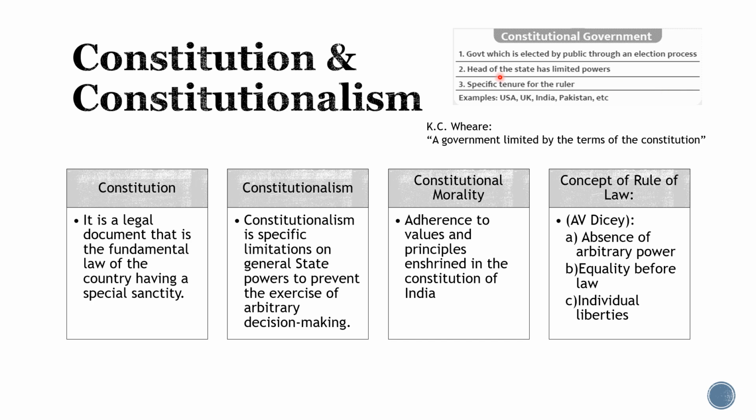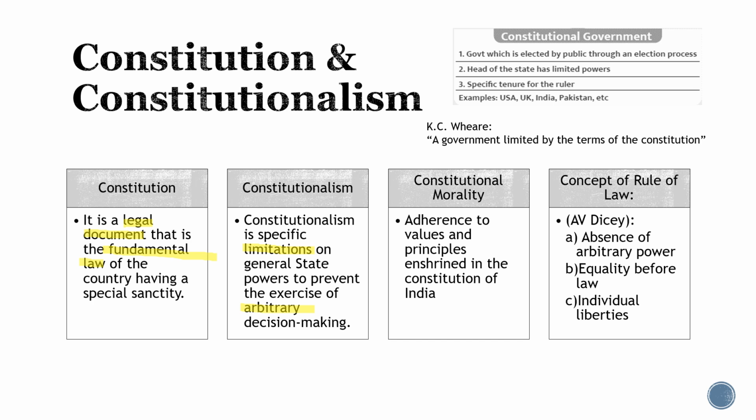So let's have a quick revision. Constitution: what is a constitution? It is a legal document that is the fundamental law. Constitutionalism provides limitations on the powers and prevents the use of arbitrary power, right?